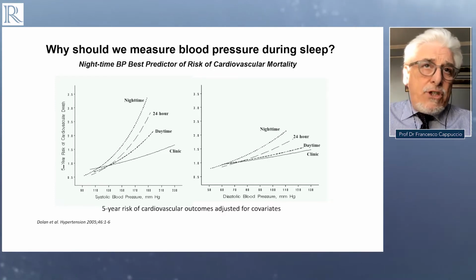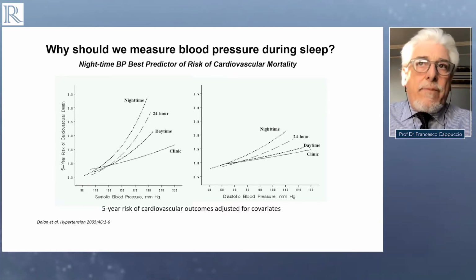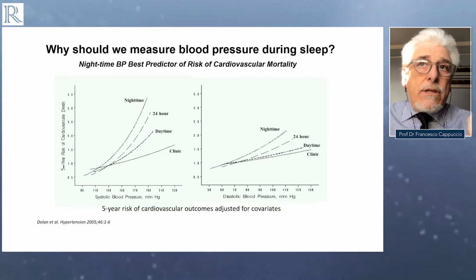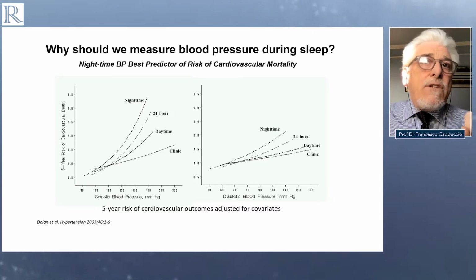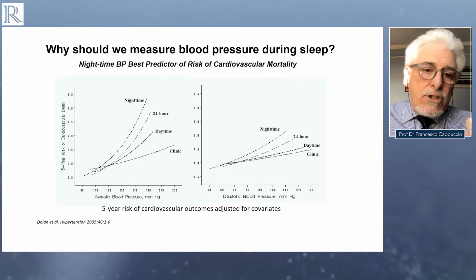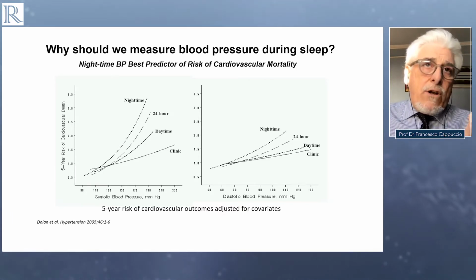And the latest position paper of the European Society of Hypertension acknowledges that there is compelling evidence that nocturnal blood pressure is superior to casual office blood pressure in predicting outcomes. And furthermore, an increase in nighttime blood pressure may indicate the occurrence of a number of associated pathological conditions, one of the commonest being obstructive sleep apnea.